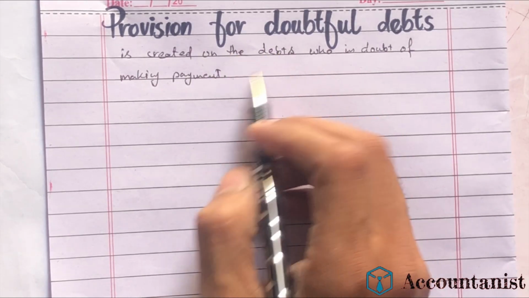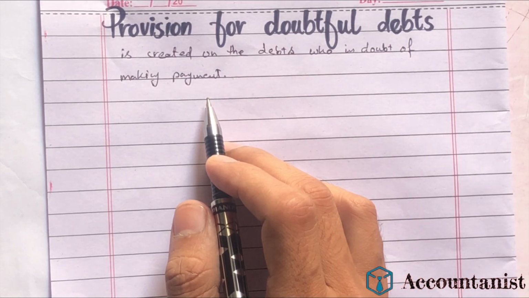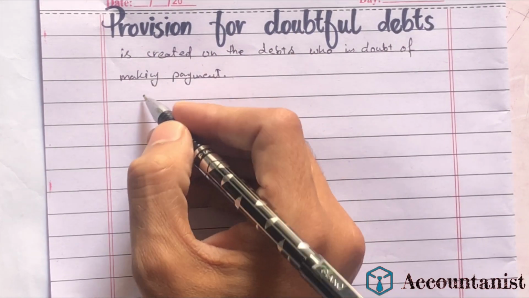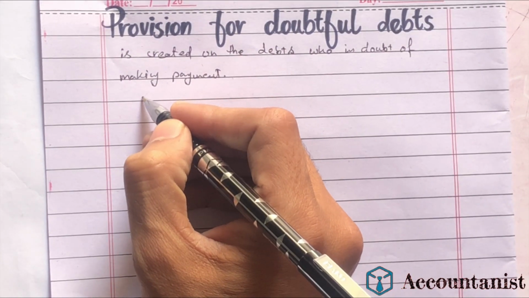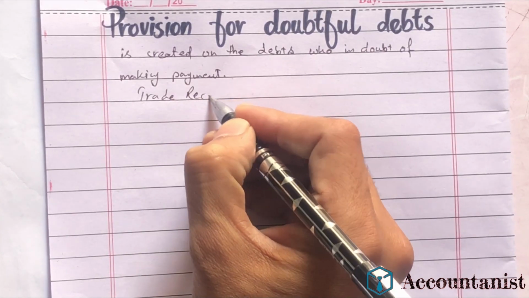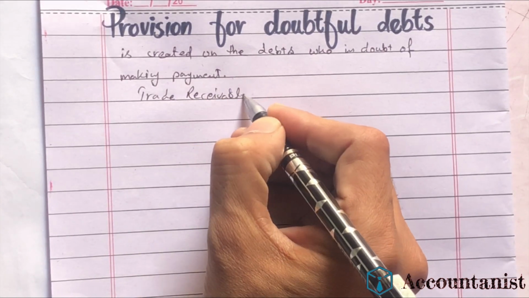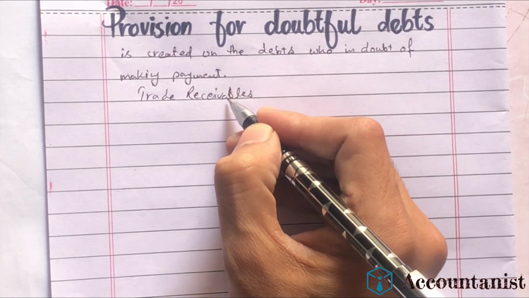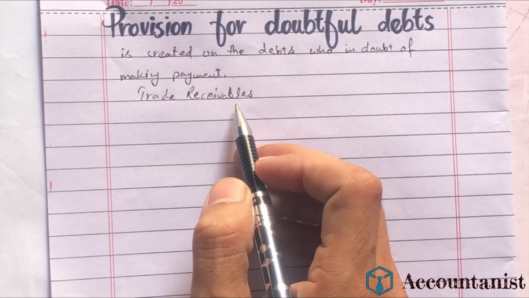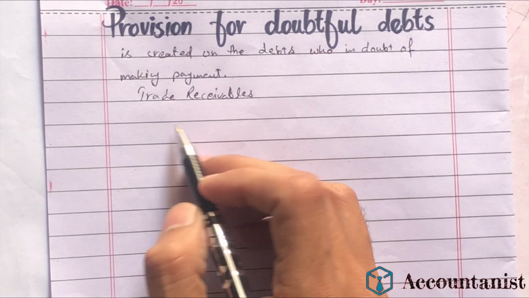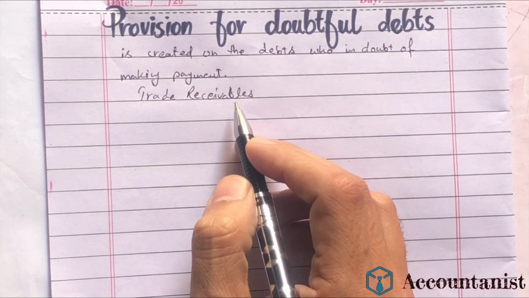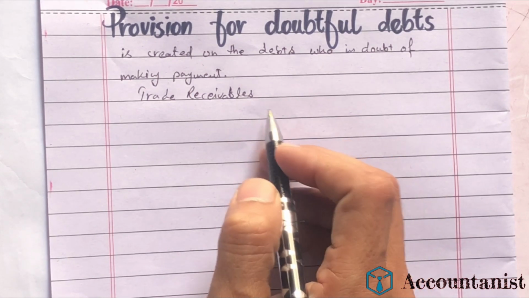So how do we do this provision for doubtful debts? First of all, we know that we will have trade receivables. If we have different categories of trade receivables, meaning age-wise, like some of our trade receivables are 30 days old, some are 60 days old, some are 90 days old, then we have a different percentage for each.